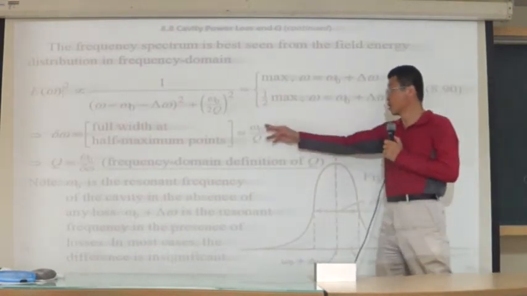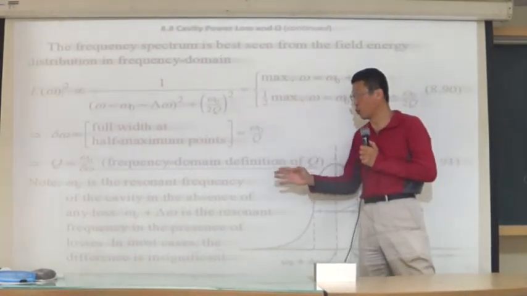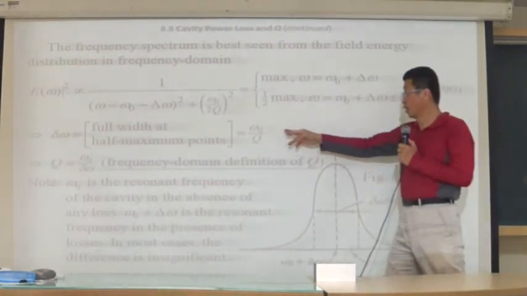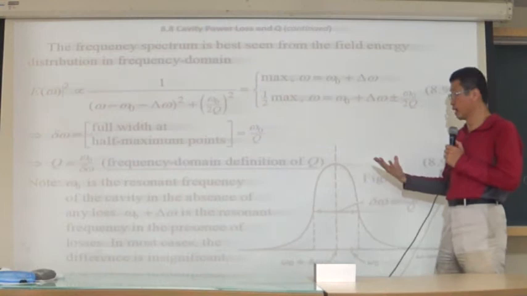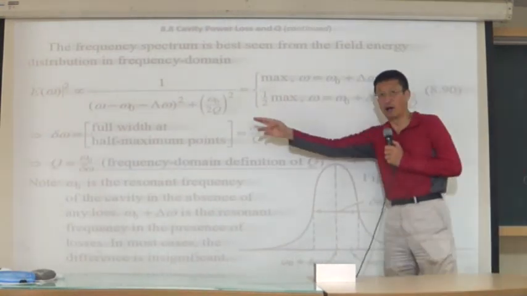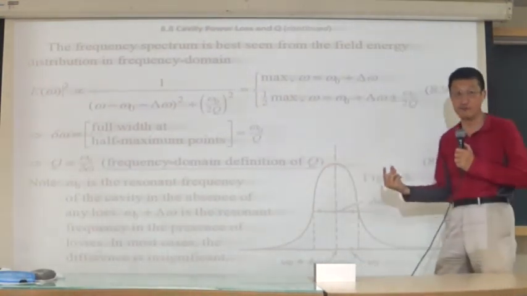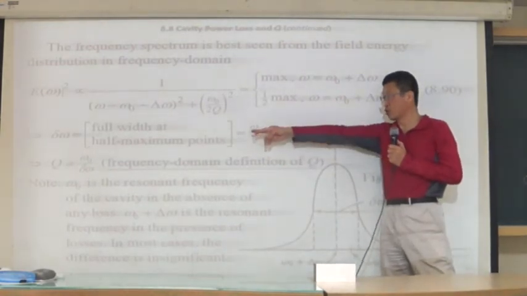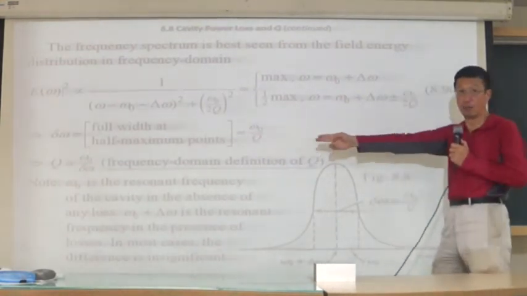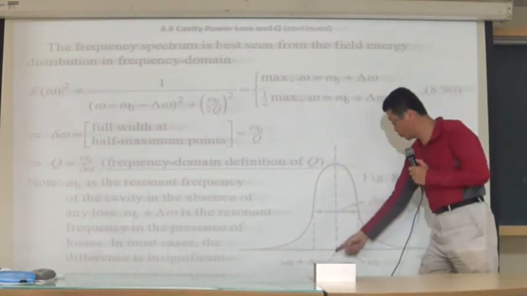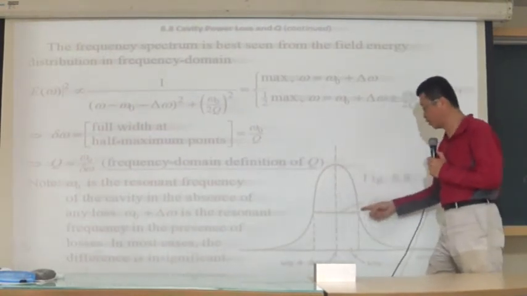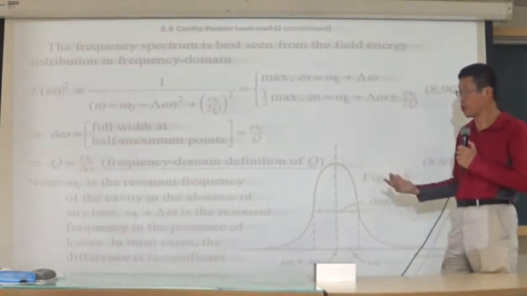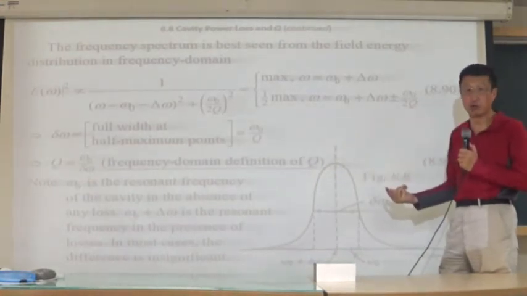So we get delta omega equals omega 0 over Q. The resonance frequency is omega 0, and delta omega is the full width at half maximum. Therefore, if you want to calculate Q, just omega 0 divided by delta omega. You get Q, the frequency domain definition of Q.